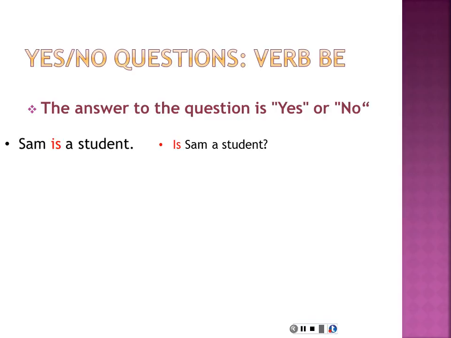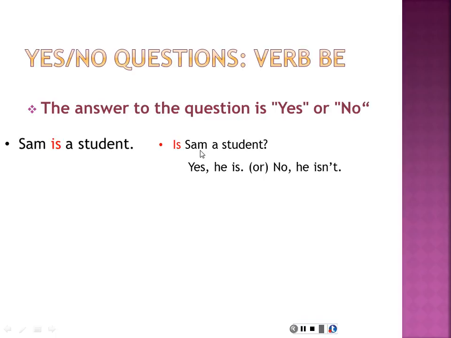As we said, we start the answer with yes or no. After that we have something to add. So, is Sam a student? هل سام طالب؟ Yes, if yes, إذا كانت الإجابة نعم, yes, he is. The pronoun that we use here is he, because he replaces Sam.